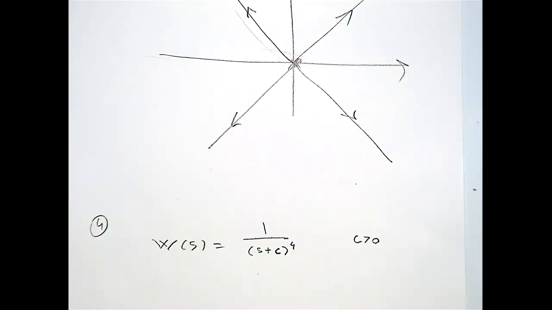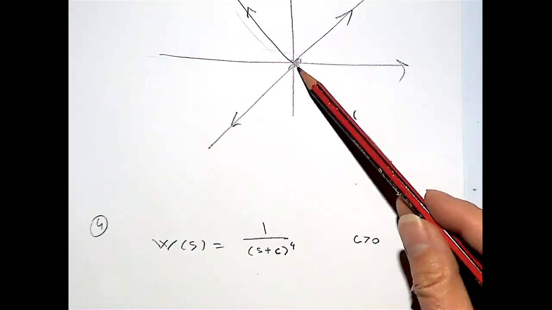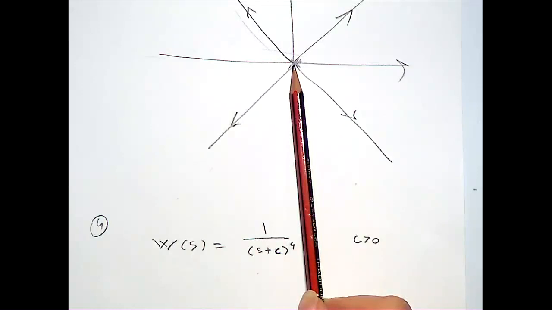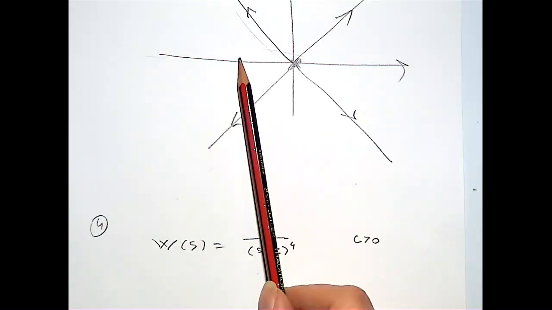Can someone guess what the root locus would look like? It would be shifted, yes. It would be exactly like this guy, but the point of intersection of the real axis would be where? At minus C. Minus C.